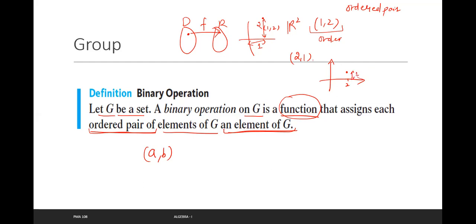So the order is important. It's not just any two numbers, one number 1 and one number 2. In which order you are representing them is important. That is why it's written as (a, b), and the meaning of (a, b) is going to be different from (b, a) in general. So that is the meaning of an ordered pair.